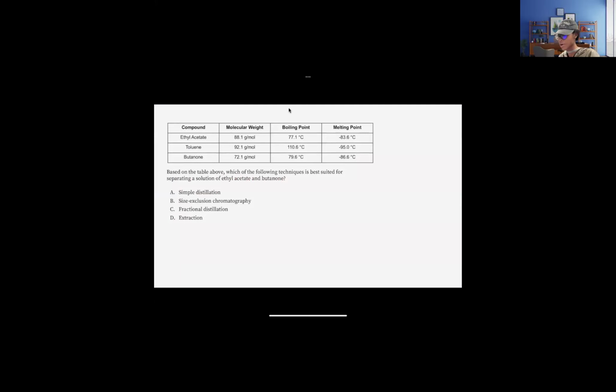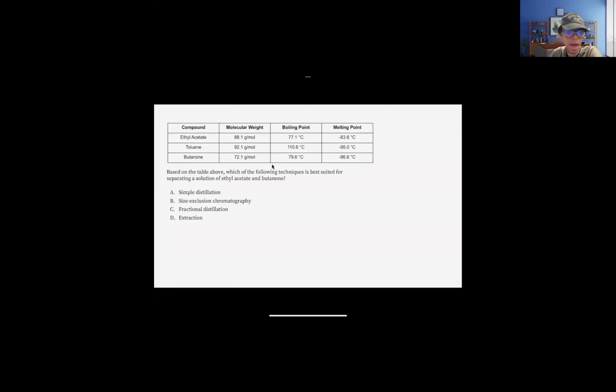Size exclusion chromatography is a way that we could separate ethyl and butanone, but there will be a better approach.